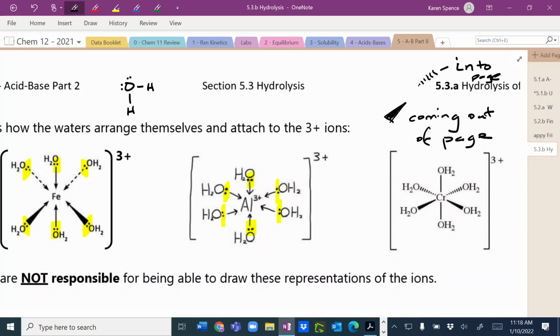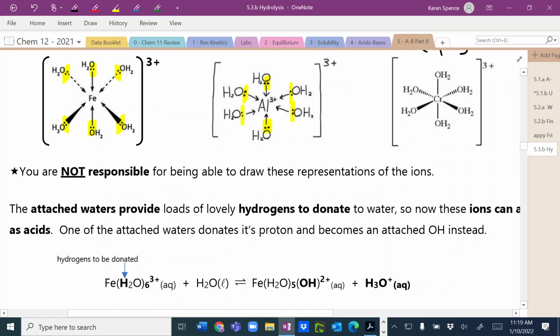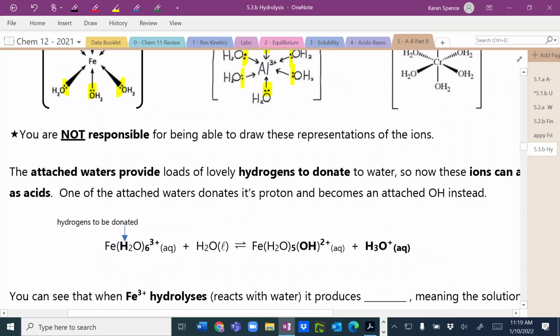So we have a water on the top, a water on the bottom, and then the other 4 waters form a tutu around the middle. Okay, so that's what that structure is like. But you're not responsible for being able to draw those. However, knowing the fact that they make a tutu, that's a huge concept in first-year chem that I never understood my first year, even though it seemed really easy when I finally did learn it.